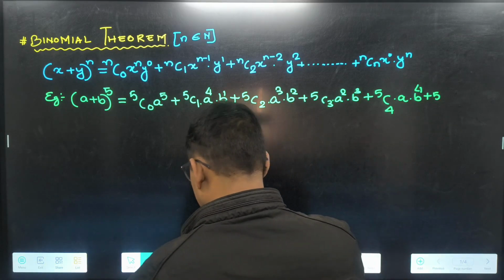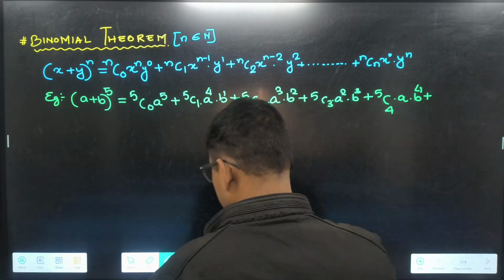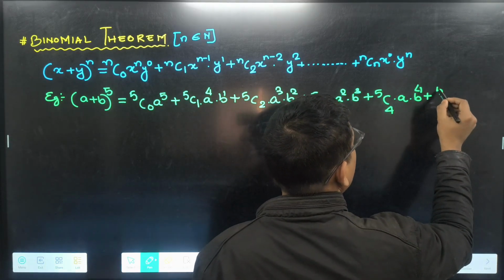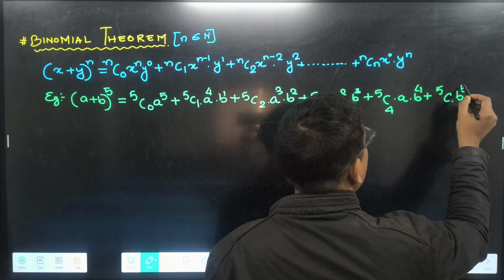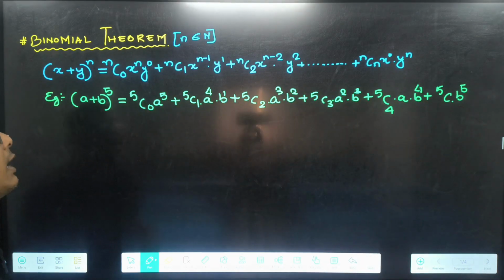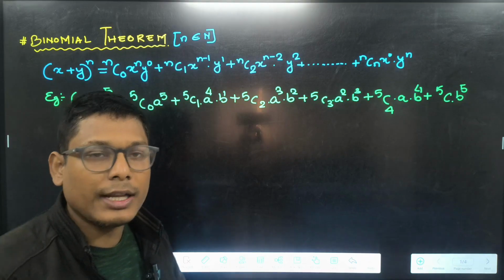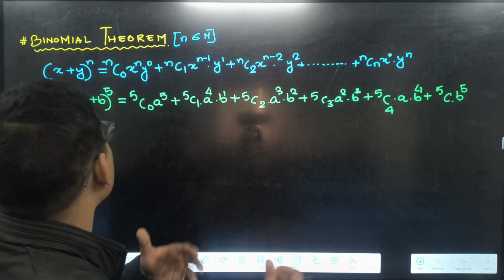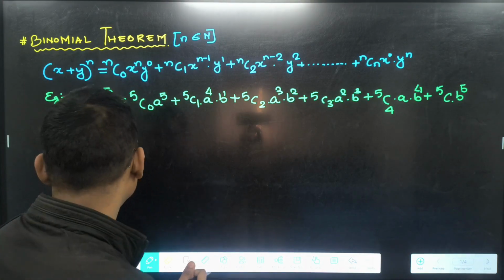Now the last term will be 5C5 b to the power 5. So this is our binomial expansion for natural index, that means the power of the binomial should be a natural number.